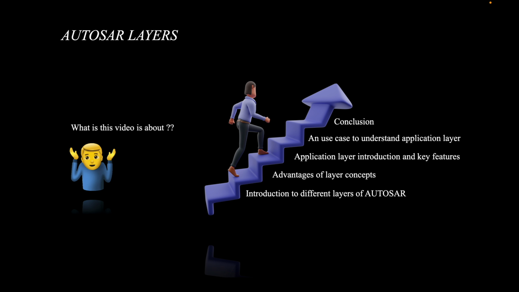Once we understand the use cases of the application layer, then we will jump into one scenario or an example where we can understand how these layers work together, with the help of development of a feature. And at the end, we will summarize everything and conclude what this application layer is about and what are the different layers acting with this application layer.